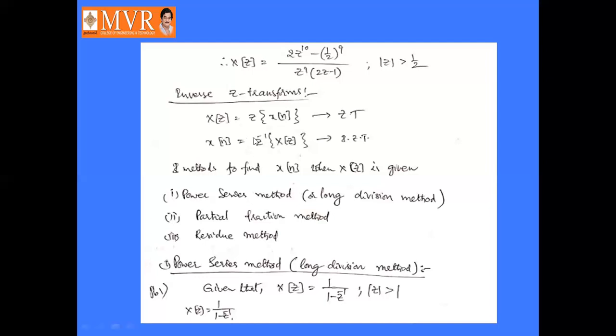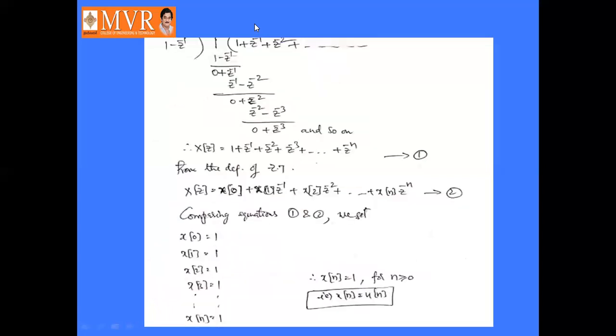Given that X of z is 1 by 1 minus z power minus 1, here ROC is mod z greater than 1. By the long division method, we do it like this: 1 by 1 minus z power minus 1. Multiplying 1 into 1 gives 1 minus z power minus 1. Subtracting this, we get 0 plus z power minus 1.